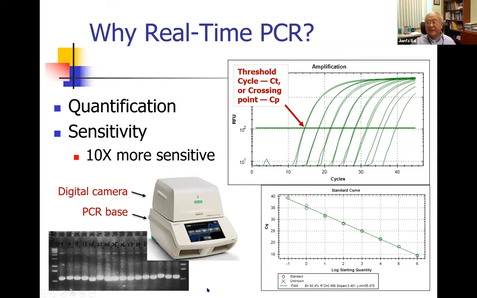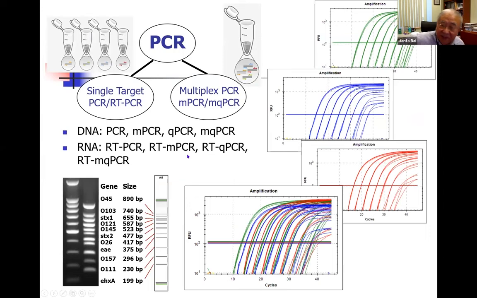So there are two major advantages for real-time PCR. One, you can quantify the original concentration. Two, it's more sensitive. It's not because of amplification, but because the detection technology for real-time is more sensitive than regular PCR. Also, both can be multiplexed.